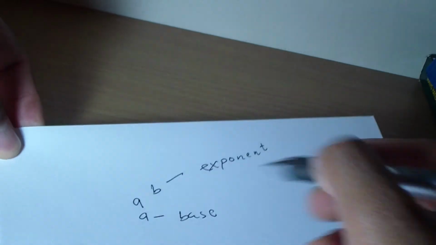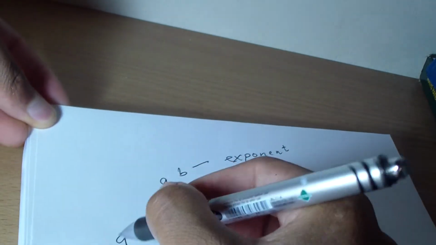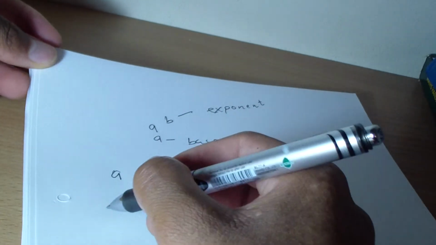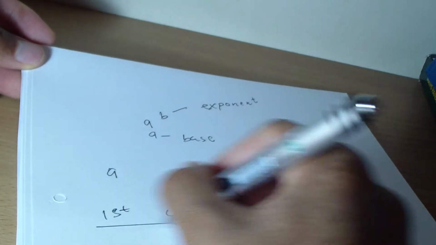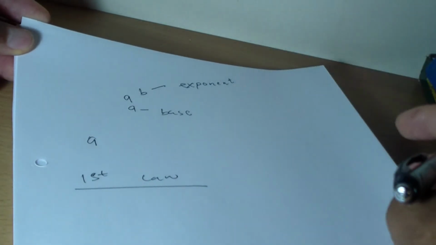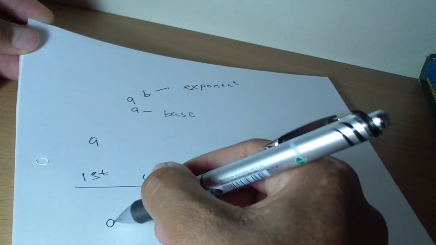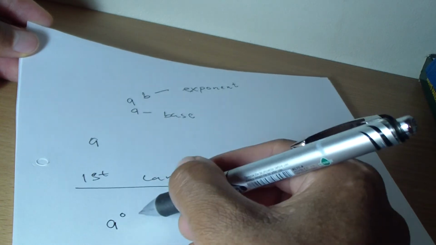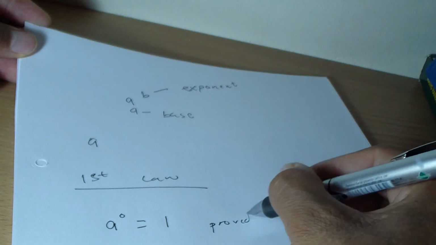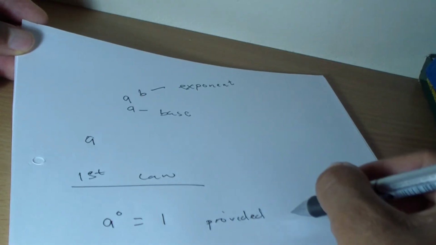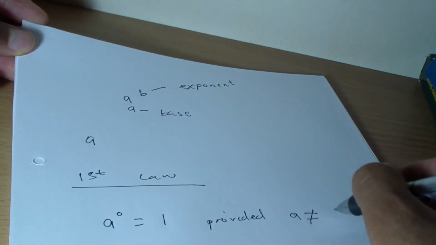So the very first law or rule that we're going to follow when we're dealing with exponents: you notice that a to the power 0 is equal to 1, provided that a is not equal to 0.